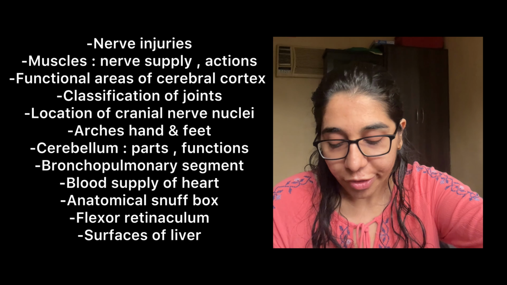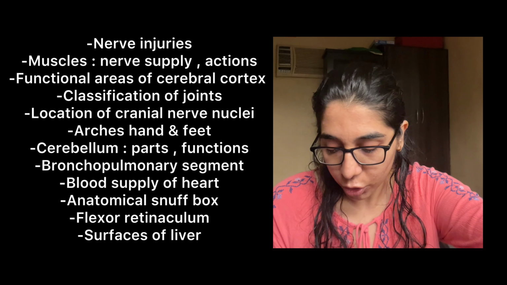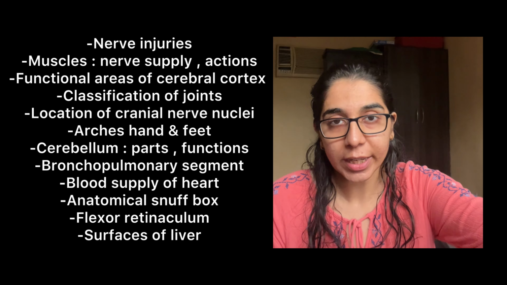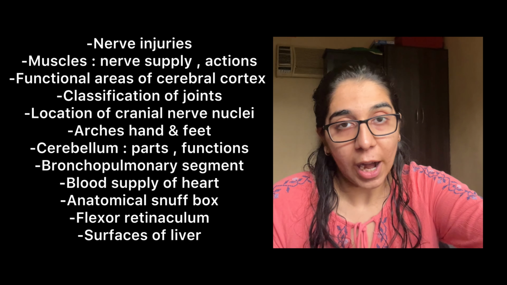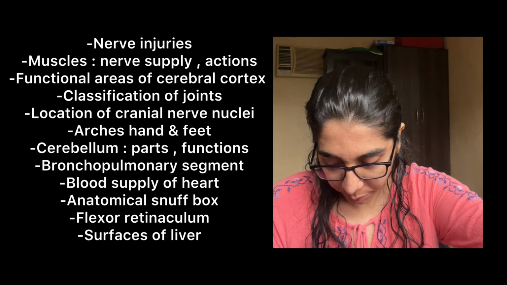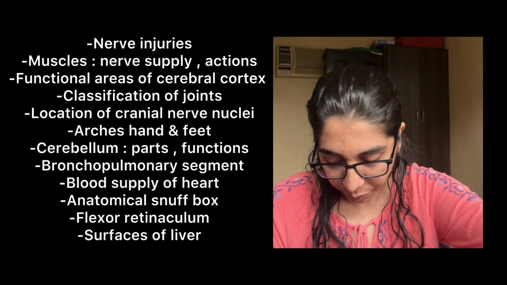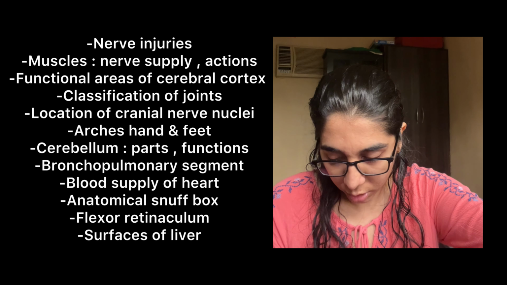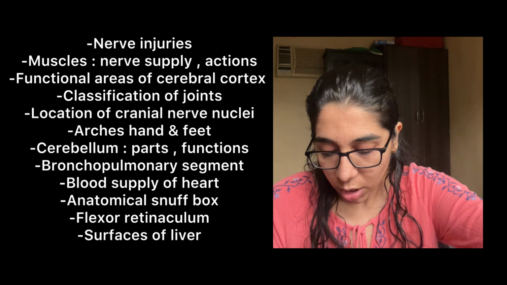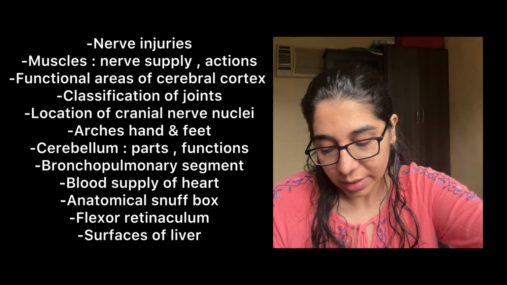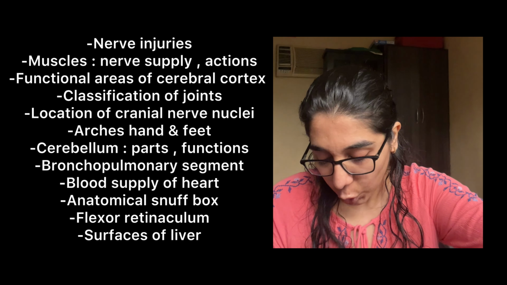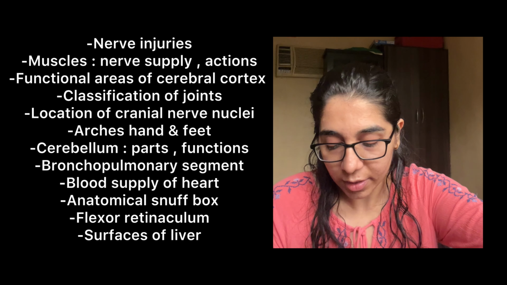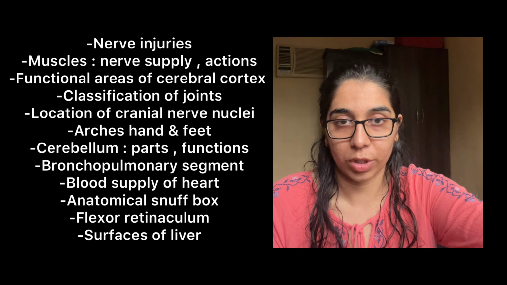Next, articulation of talocrural joint is asked. So you need to know about the different joints, what type of joint it is, and what is the articulation. So in 2016, the questions have been from muscles and their nerve supply, then about the articulation of the joint, and one question is on Erb's palsy, so nerve injuries.